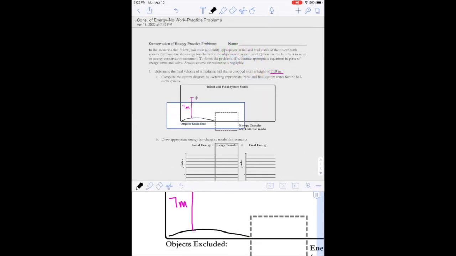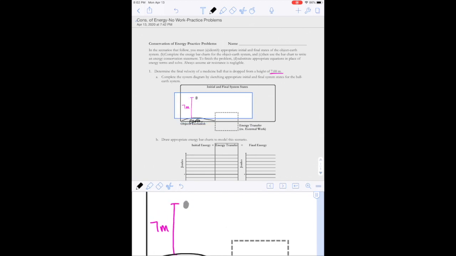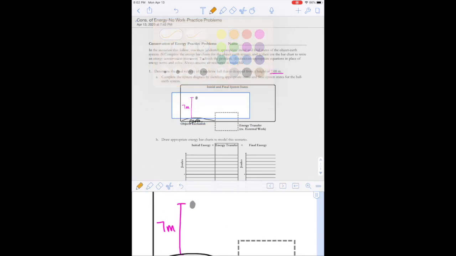Whenever I am drawing my object, I am always going to include the earth. If I don't include the earth, I can't talk about potential energy, because potential energy is based on the earth's gravity. And so I'm always going to be drawing in the earth. We are dropping this ball from rest, and so it is not moving.